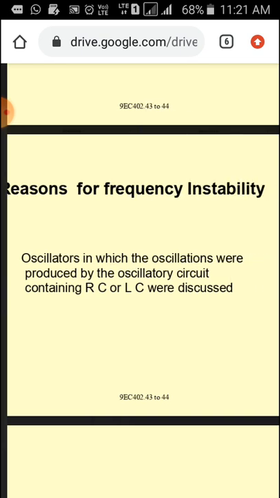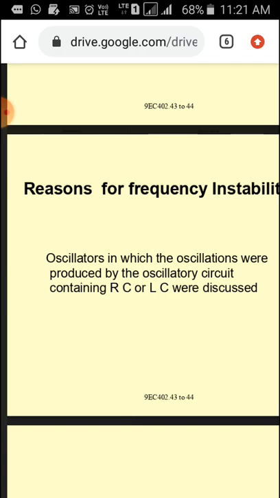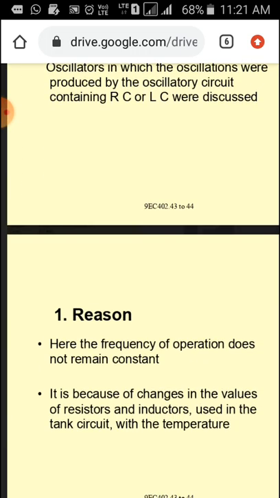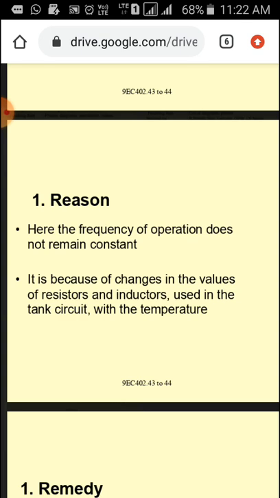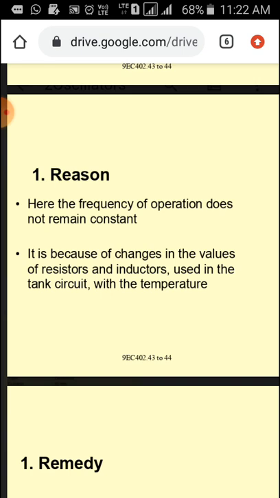Reasons for frequency instability. Oscillators in which the oscillations are produced by an oscillator circuit containing RC or LC were discussed. Reason 1: here, the frequency of operation does not remain constant.